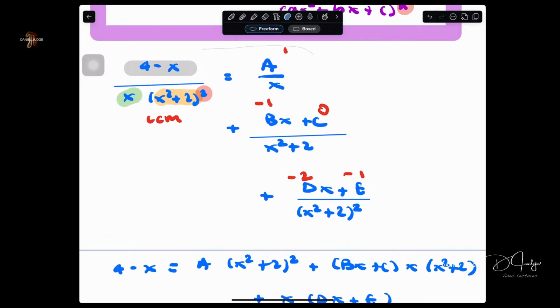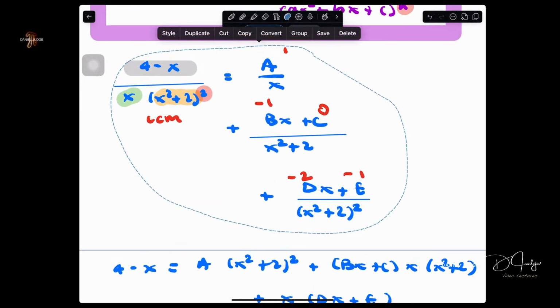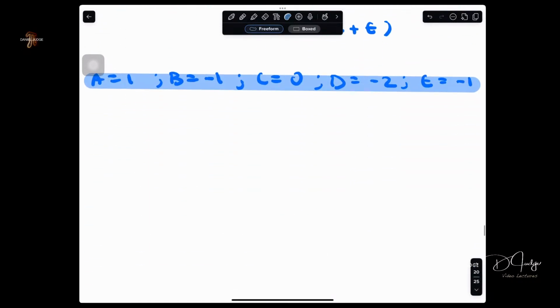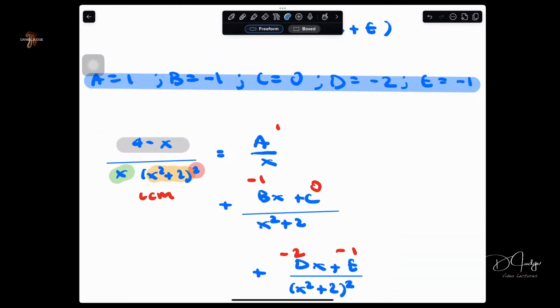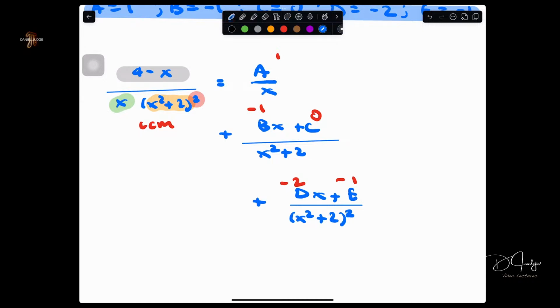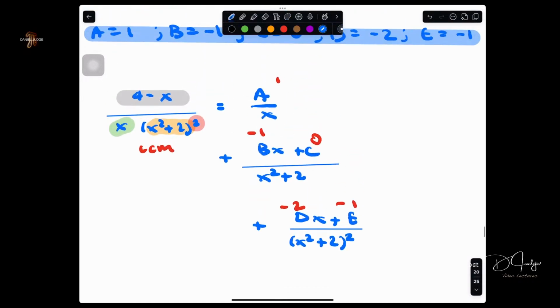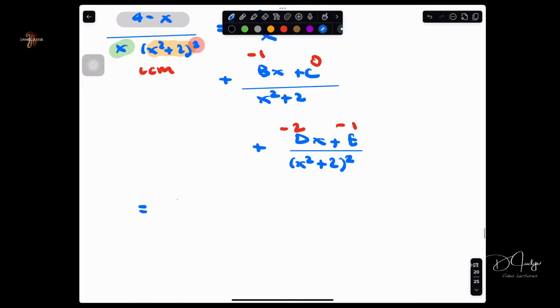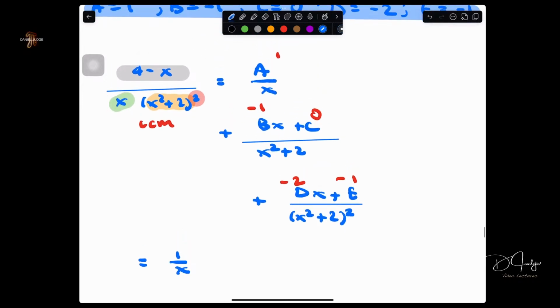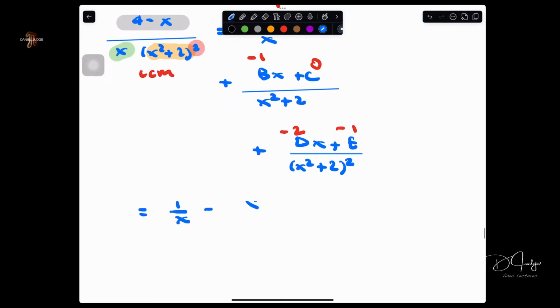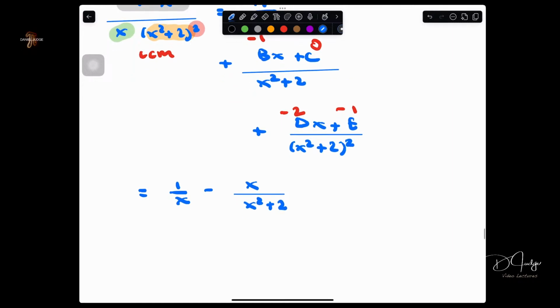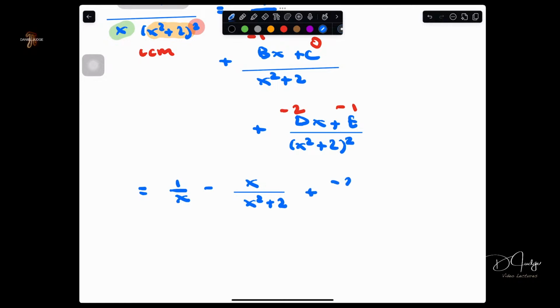Let's bring everything down here, or at least copy it. So this fraction is written as 1 over x minus x over x squared plus 2, plus 2x minus 1 over x squared plus 2 squared.